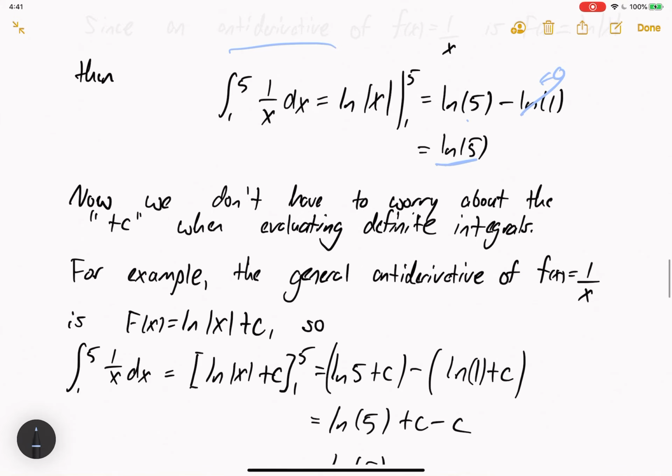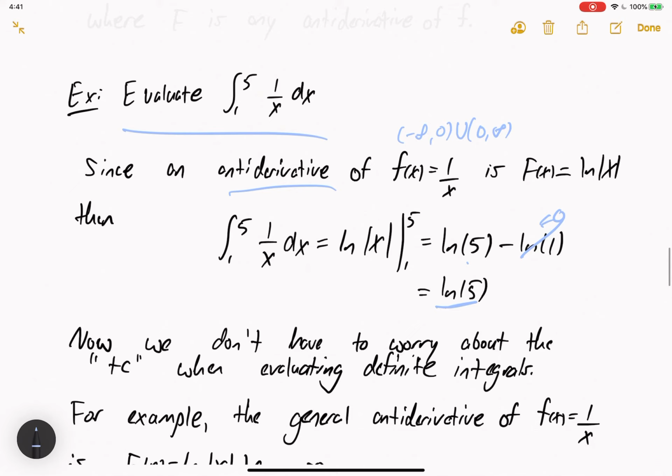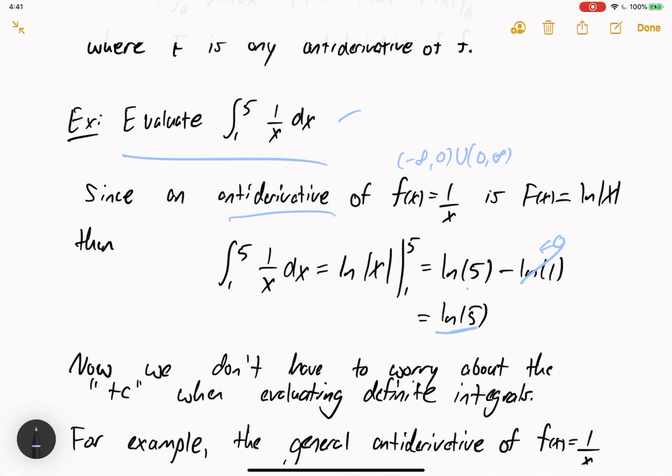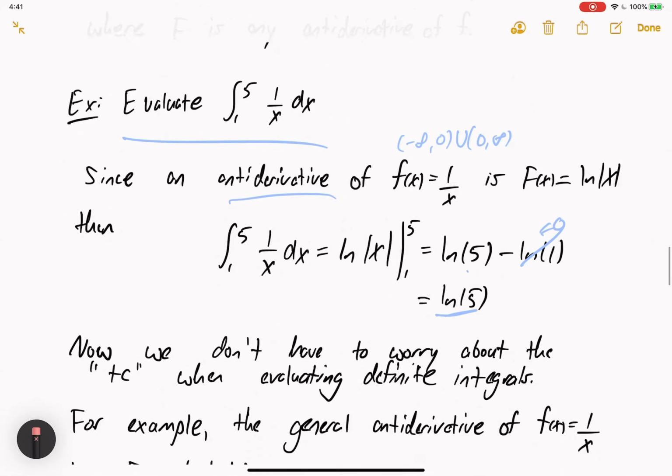And no, we don't have to worry about the plus c when evaluating definite integrals. Technically, the most general antiderivative of f of x will be the ln of the absolute value of x plus c. But we'll explain why that doesn't matter in a second.